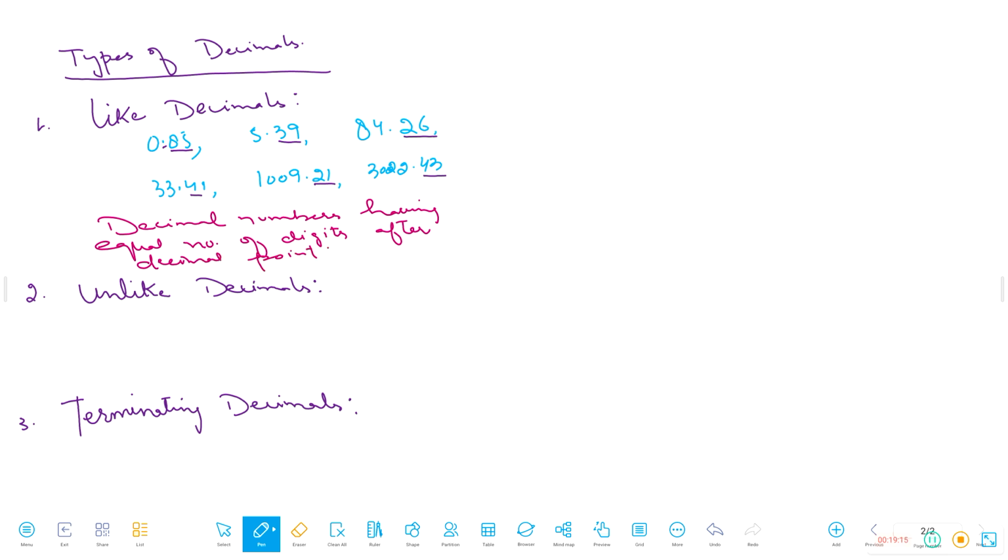Now, there shouldn't be any confusion regarding like decimals. Like decimals are those decimal numbers that contain equal number of digits after decimal point.